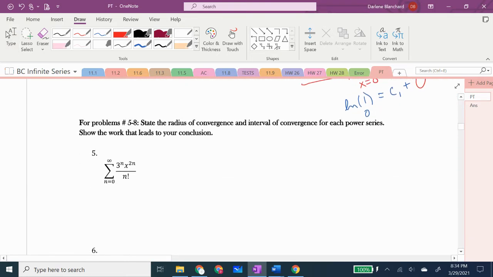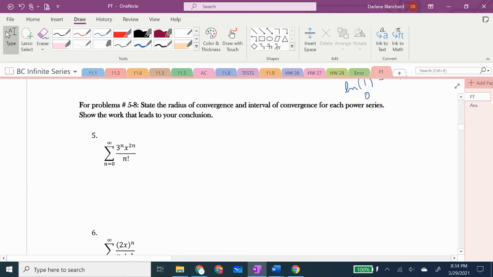Okay, next is dealing with radius of convergence, interval of convergence. With all of these, you will be fine if you just simply start with the ratio test.